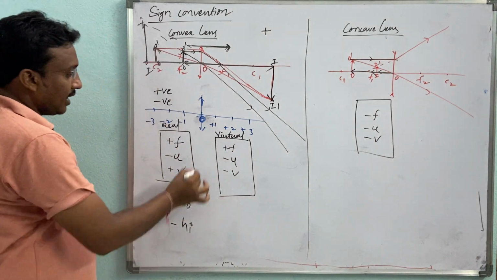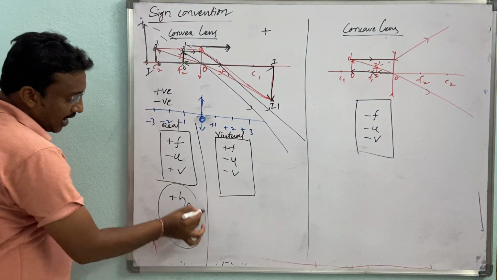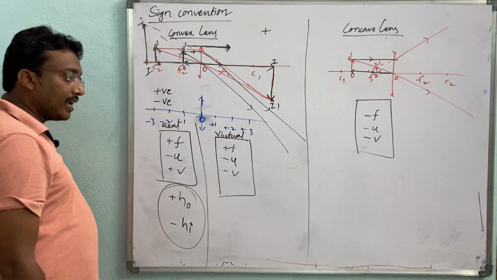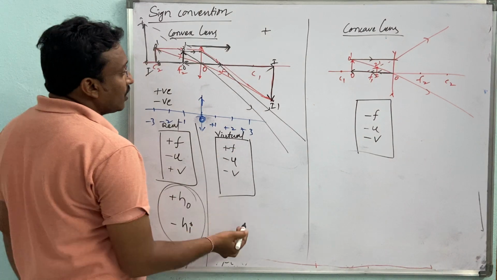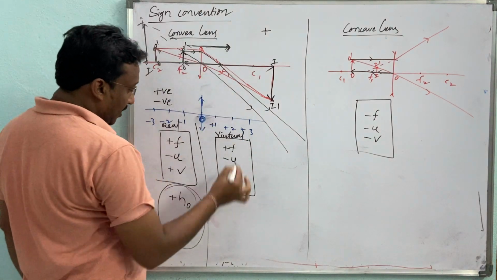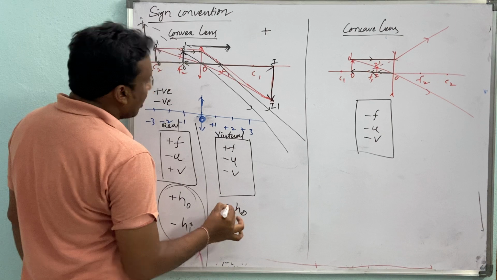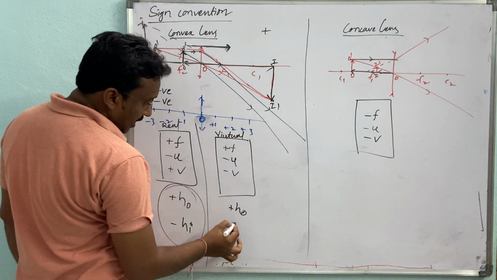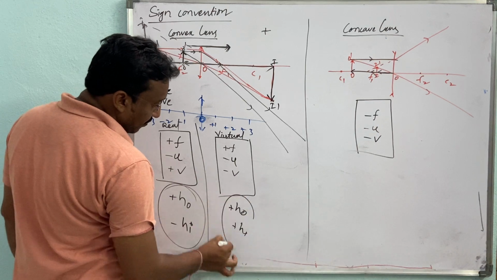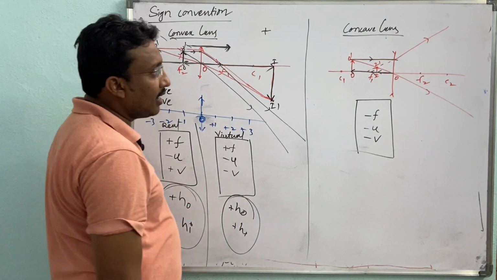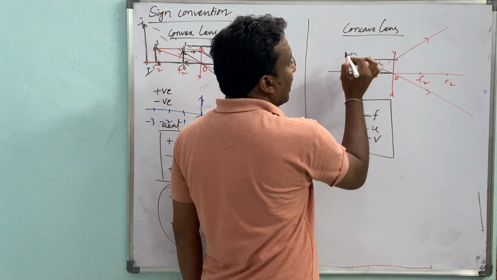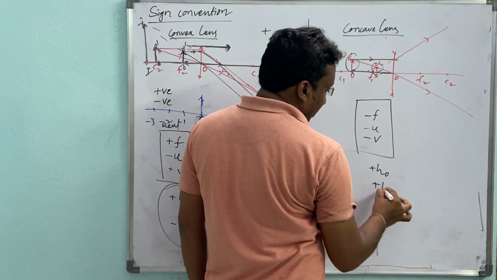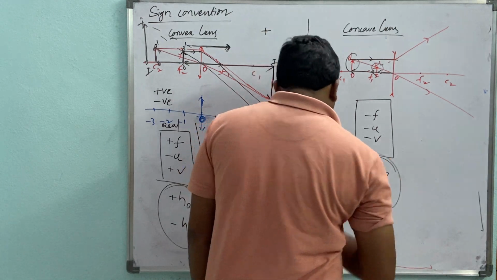So in this case, height of the object becomes positive and height of the image becomes negative. And in case of a virtual image, the object is HO and the height of the image is also above it, that becomes HI. Got it? Here both are above the principal axis, so HO is positive and HI is positive. Right?